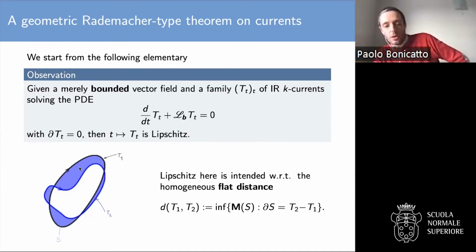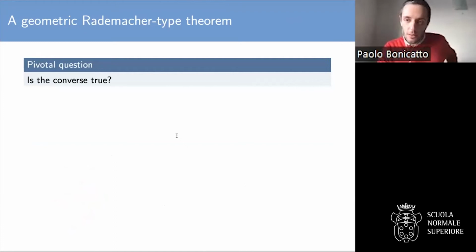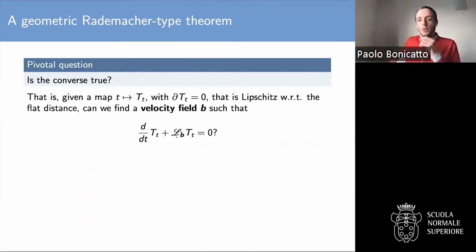The question that we are asking now: we have seen that if we're given a solution to the PDE with, say, a bounded vector field, then the map is Lipschitz. What we're asking is, does the converse hold? So suppose now, let me change the point of view a bit.